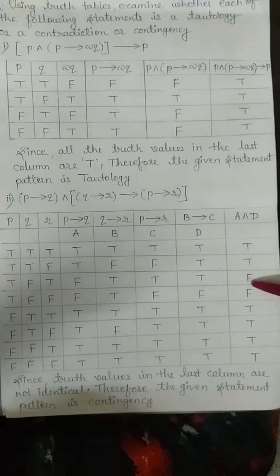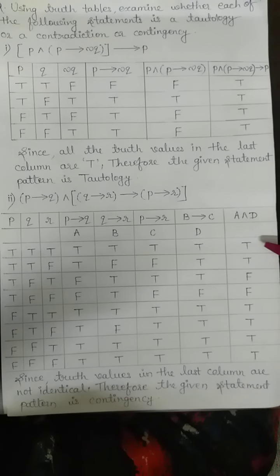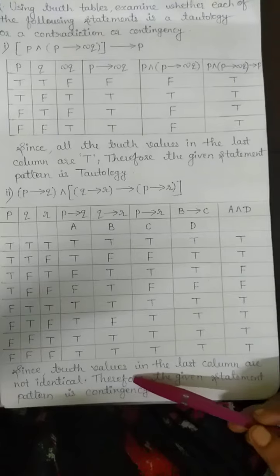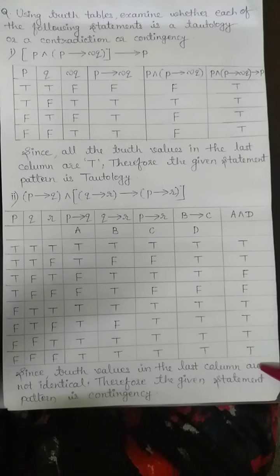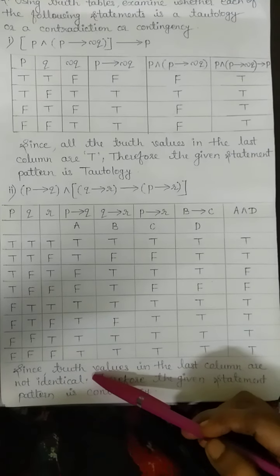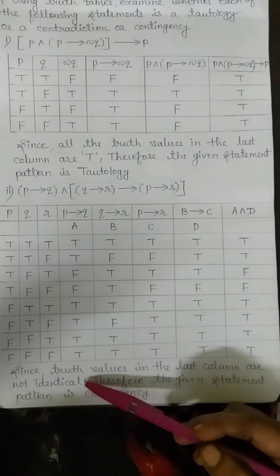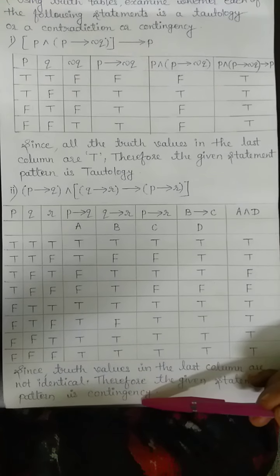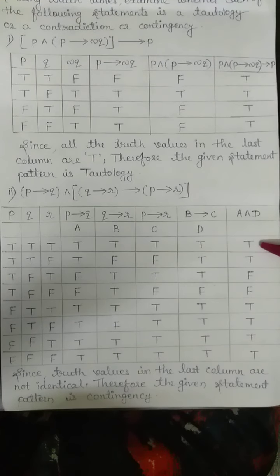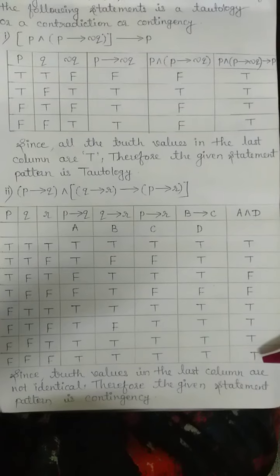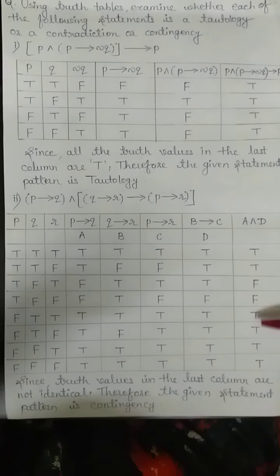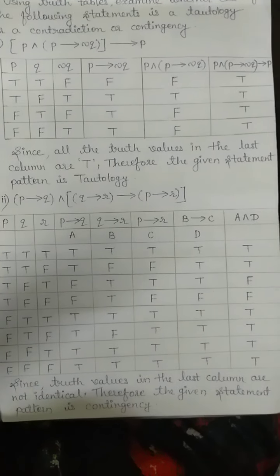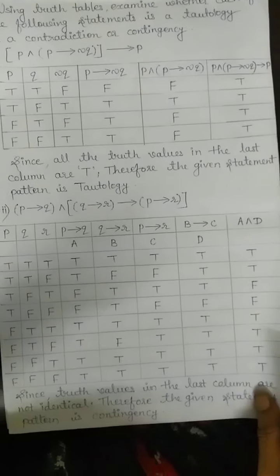Now you can observe here we are getting both the values T as well as F. So since truth values in the last column are not identical, or we can say not same, and therefore the given statement pattern is contingency. We can say that the truth values in the last column are T as well as F. So it is neither tautology nor contradiction, and therefore the given statement pattern is contingency.